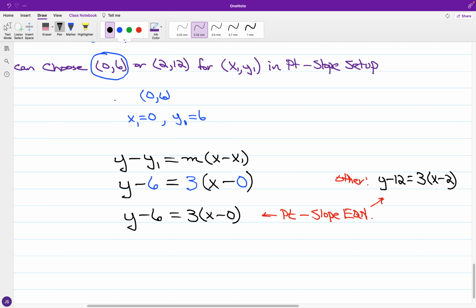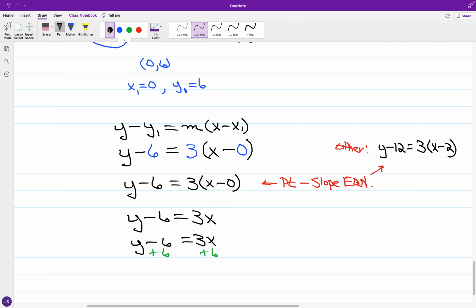But with what we have now, y minus 6 is equal to 3 times x minus 0, and x minus 0 is x, so y minus 6 is equal to 3x. Adding 6 to both sides, we have our slope-intercept equation, where y is equal to 3x plus 6.